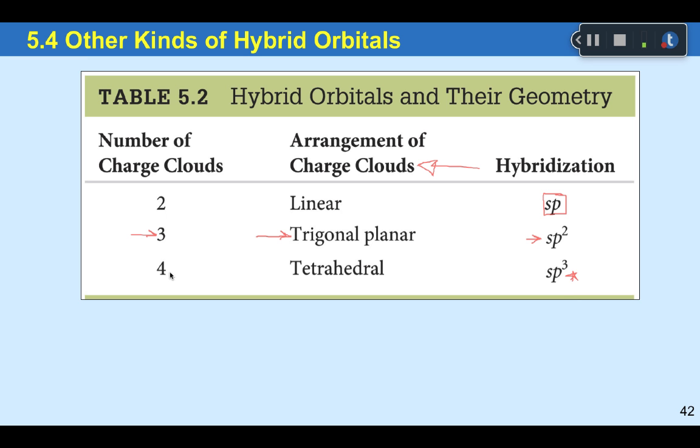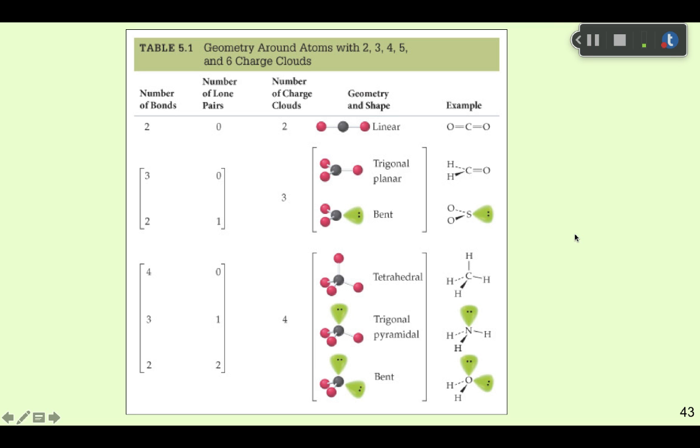And when there's 4 charge clouds, it's going to be tetrahedral geometry, the 109-degree kinds of angles, and sp3 hybridization. Simple as that. And when there's sp3, there's no leftover orbitals to use for multiple bonds. With sp2, there will be extra orbitals, and sp also has extra orbitals left over for the formation of multiple bonds. Recall the connection of this diagram from earlier in the chapter where each of these comes in.